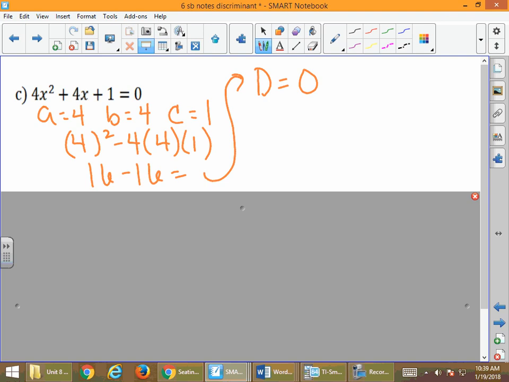How many answers do we get when the discriminant's 0? And there's nothing wrong with you turning your paper over and looking at the answer. And then, is the answer going to be rational or irrational? It's going to be rational.